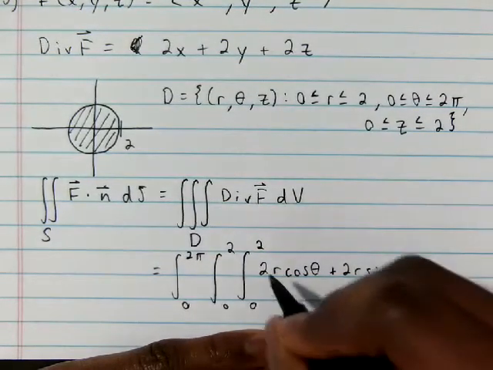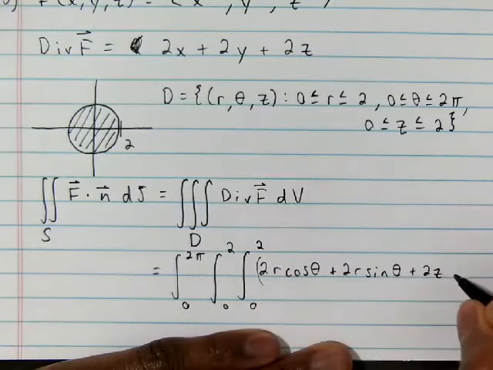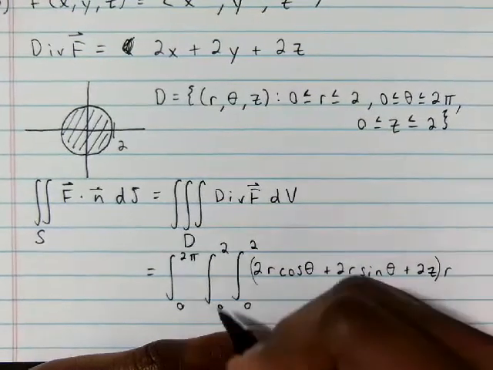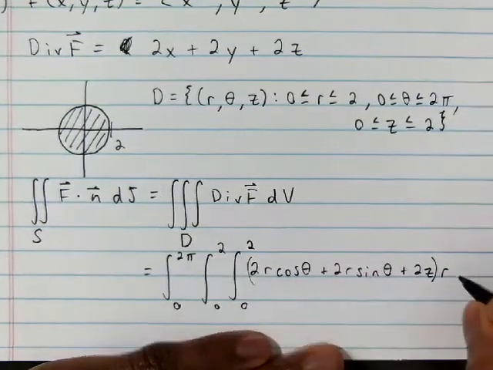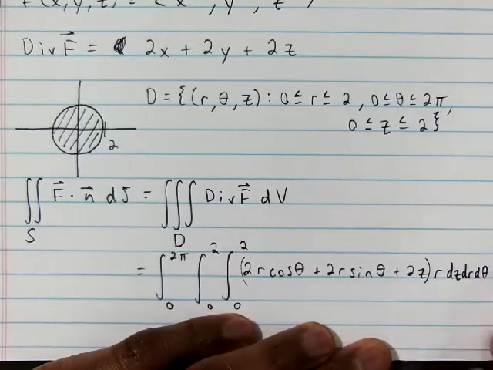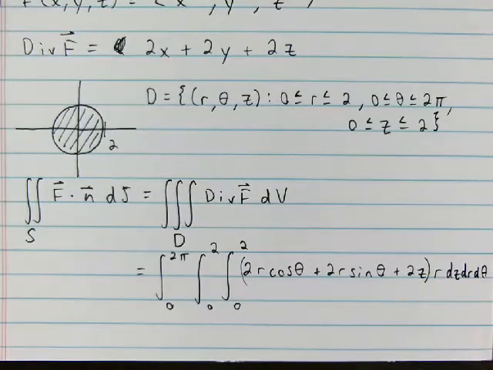And when we do cylindrical, we need our Jacobian r, and then dz, dr, d theta. And then we go through and distribute that r and evaluate that integral as usual.